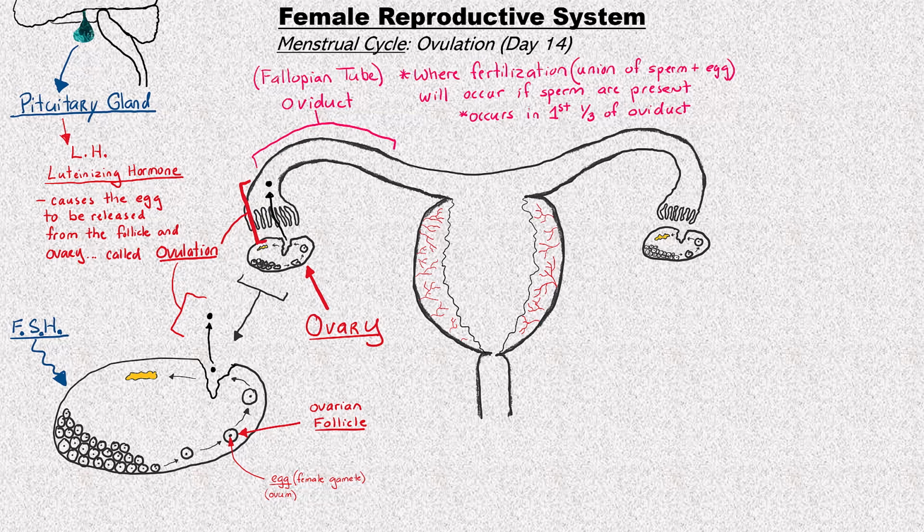That old follicle, though, it looks like it kind of shriveled up and became a little yellow-bodied structure. This is going to last 14 days, and the old, yellow, crumbly-looking follicle is called the corpus luteum, which is going to come into big play in the next stage of the cycle.